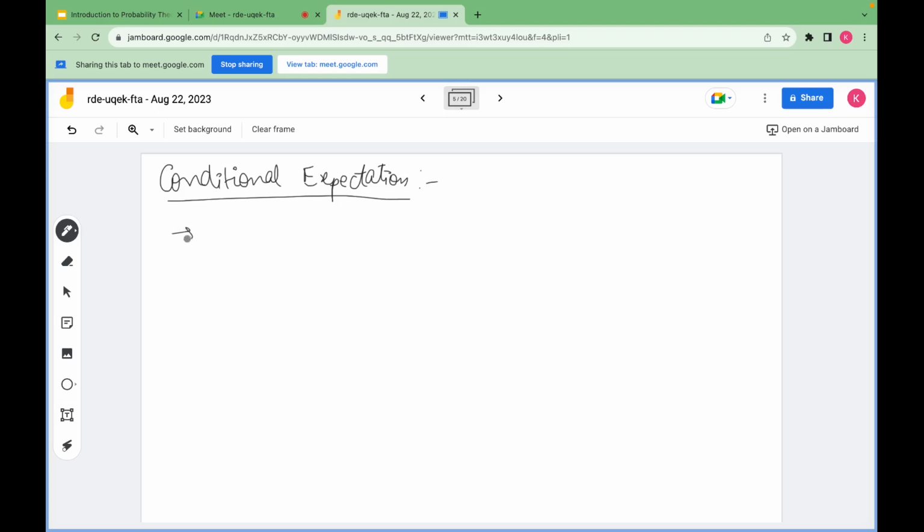Okay, so let X and Y be two random variables.